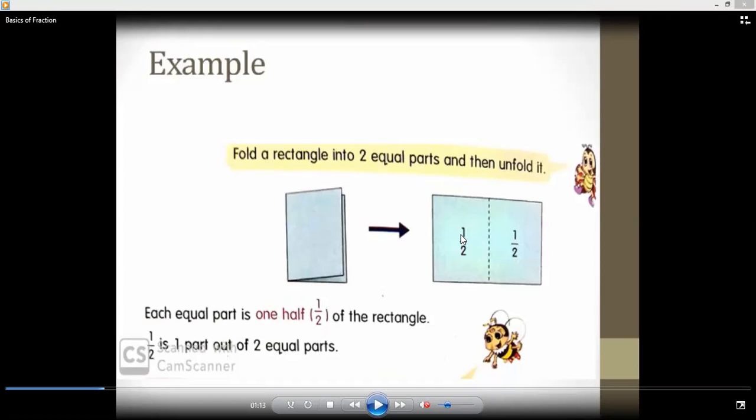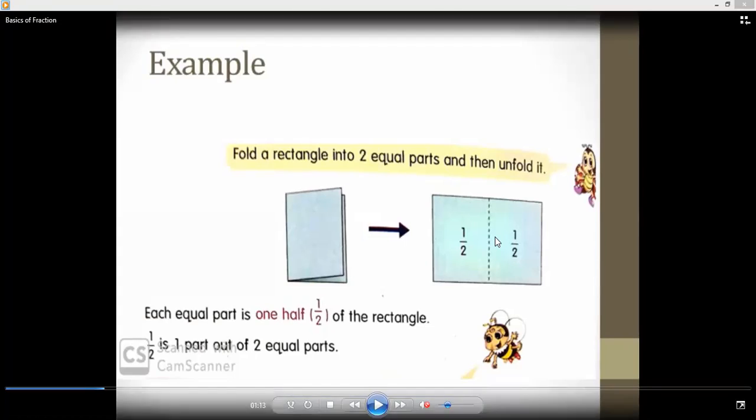This is half and this is also half. So we represent half by 1 over 2. Why do I write 1 over 2? Because there are total two parts, so I write 2 down, and I am talking about only this part, the left part, so I write 1 here. So 1 over 2 is one part out of two equal parts.